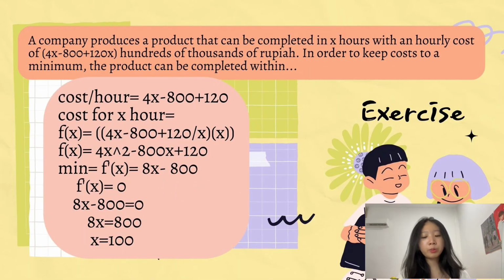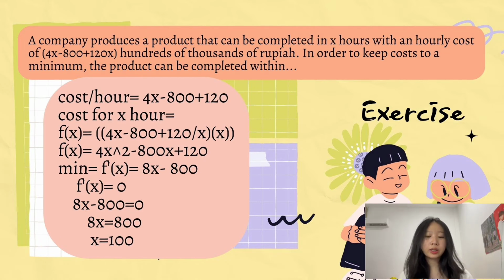So for this last part, I'm going to explain how to solve applied problems based on the derivative function. For the first example, we have to determine the amount of time needed for the minimum cost. The cost per hour equation is 4x minus 800 plus 120 divided by x.